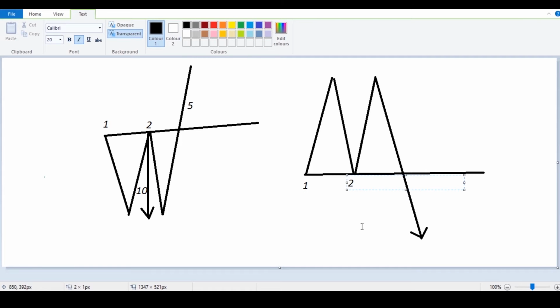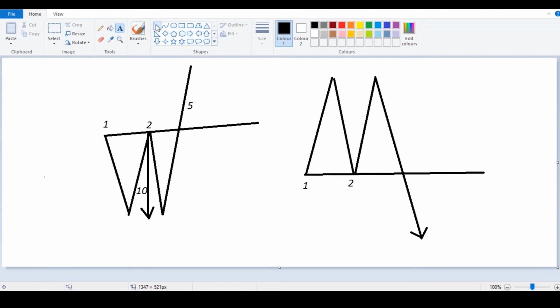Once you've joined them, you know that price is going to break out by the same distance as your head to your neckline, but you are only going to take half because you don't know if it's really going to break out by 100%.